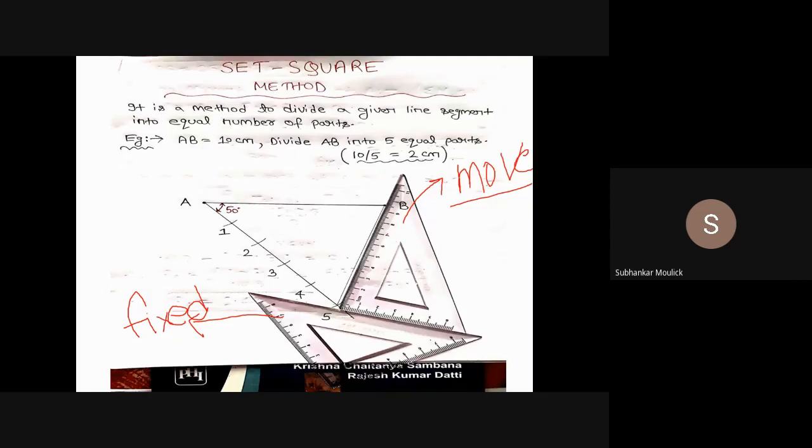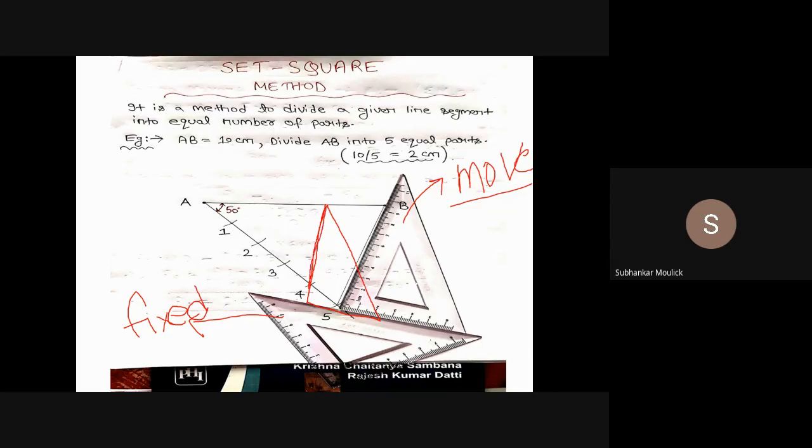That means this top set square will slide on the longest side of this bottom set square. So if you slide it after a certain interval of time, when you come over point 4, this is the position of the top set square. Yes or no? Now, with the help of a pencil, just draw this line.